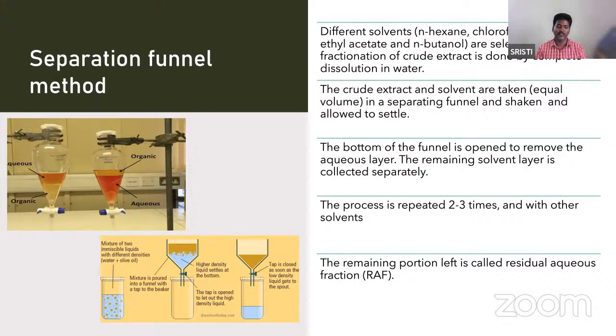So you can use different types of solvents in one extraction method, and you get different fractions, like n-hexane fraction, chloroform fraction, acetone fraction. Each fraction can be concentrated and then tested for biological activity. The remaining portion that is left after the extraction is called the residual aqueous fraction, RAF.